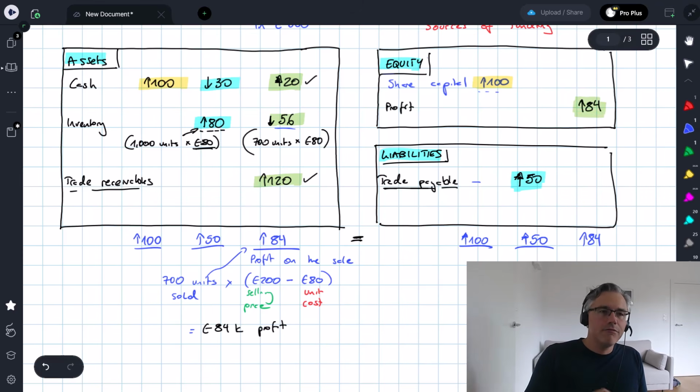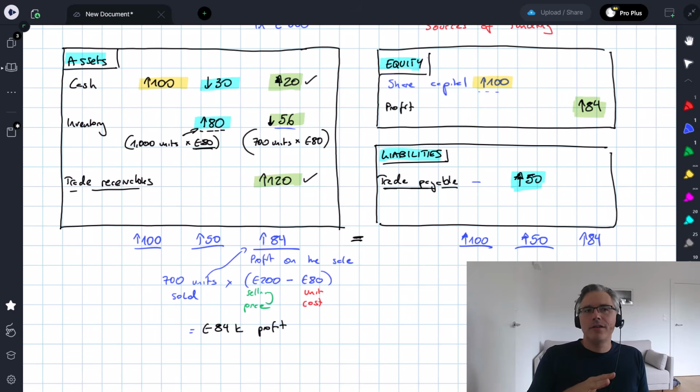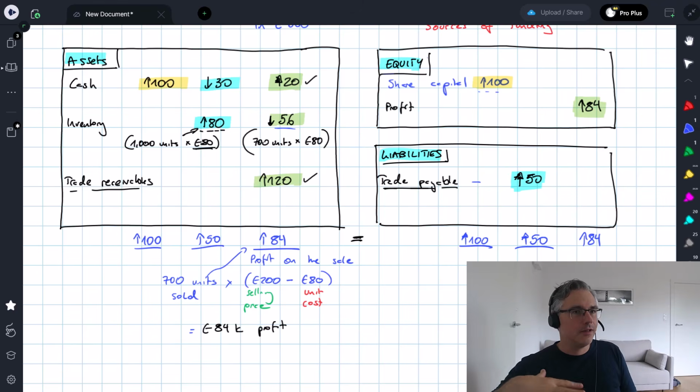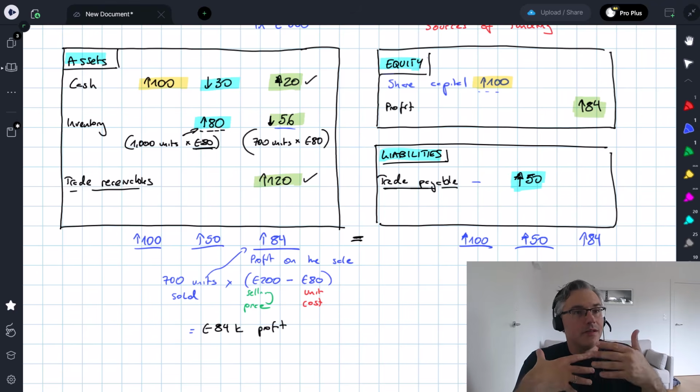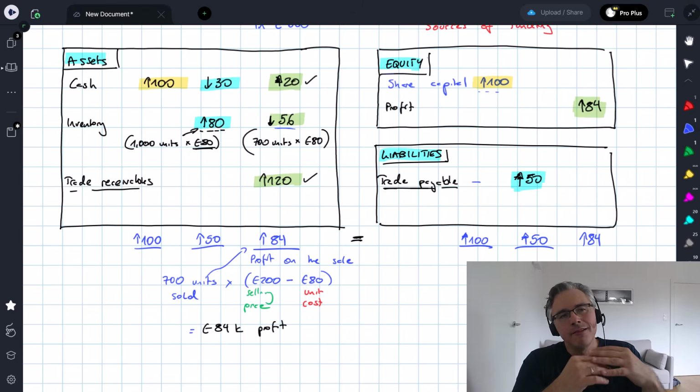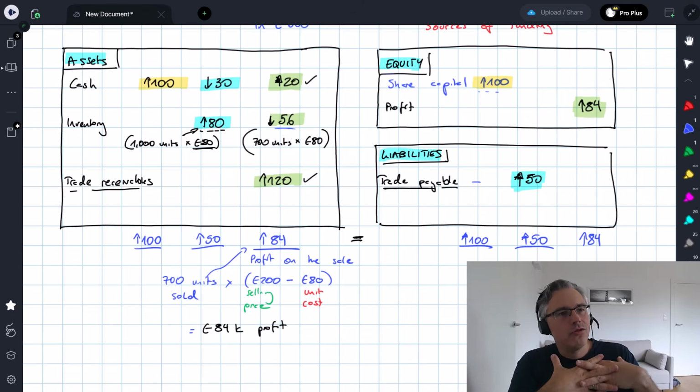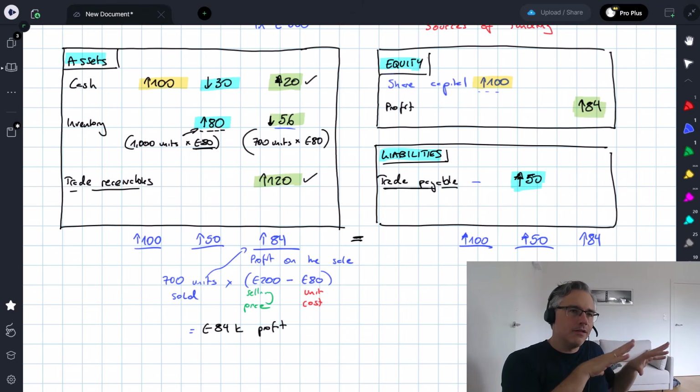You see, equity is not just about what the shareholders have actually contributed into the business when they provided a cash injection or an injection of something else like a tangible asset or intangible asset for that matter. Equity is also made up of profits which the business has generated and which, at least for now, the shareholders have decided to leave in the business.